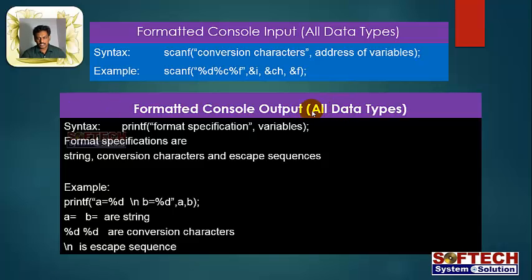Then formatted console output, for all data types. Here we move from console input to formatted console output. In formatted console output, the syntax is printf. In printf also, the first argument is a string. The next is a list of variables.